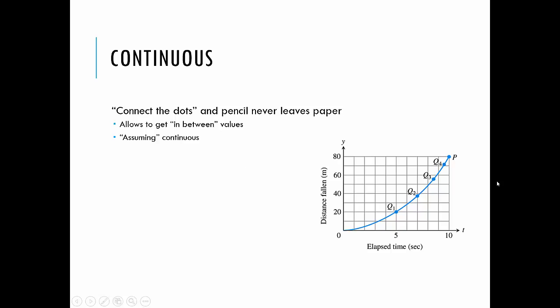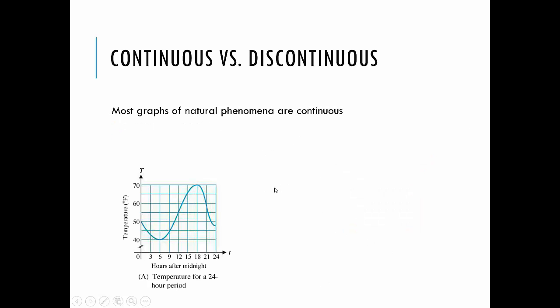So when you have data values, somebody went out and said, at this time, 5 seconds, the distance fallen is 20 meters. And then they took another time and another time. This is not continuous, but we assume it by connecting the dots.